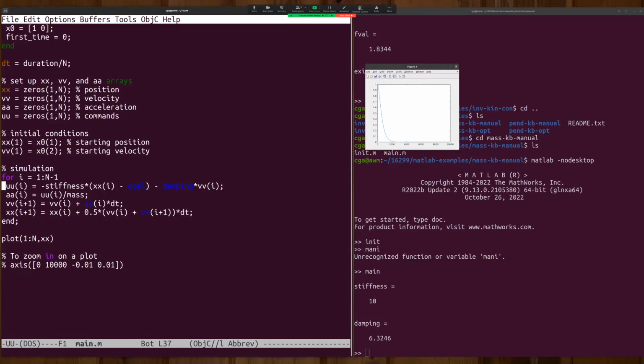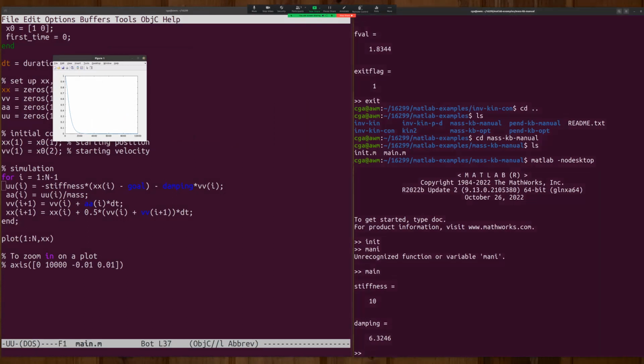We've computed an acceleration, dividing the force by the mass. We compute a velocity by adding the acceleration times a time step to the current velocity, and we compute a position by adding to the current position the average of the past and current velocities times the time step, and then we plot the position here.